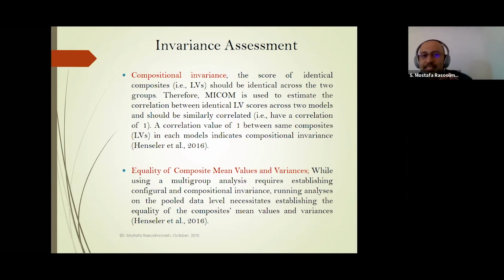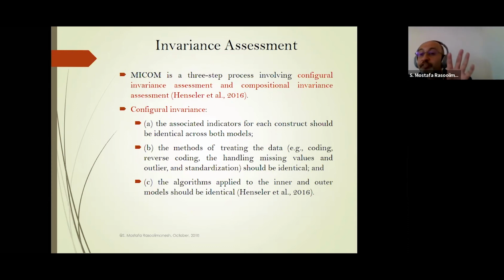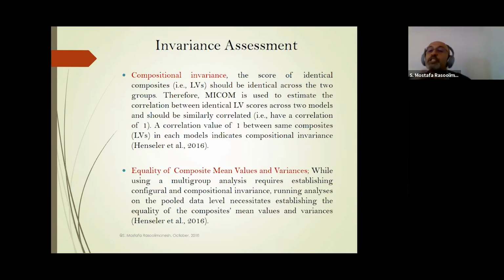For moderating assessment, we only need to check configural invariance, so apply the same algorithm, same items, and compositional invariance. The correlation between constructs should be 1, should not be significantly different from 1.